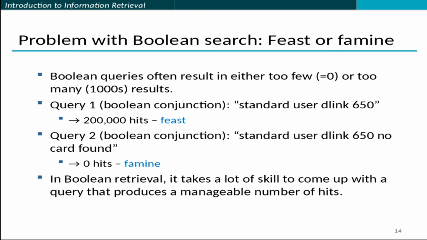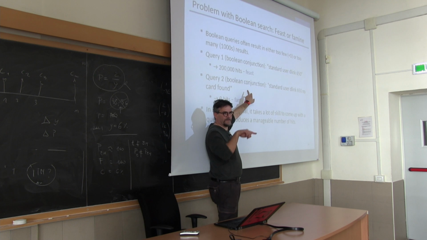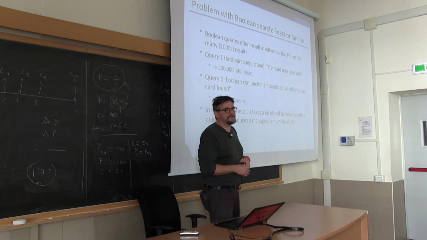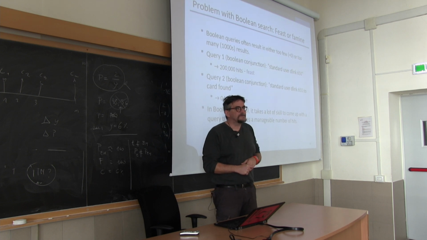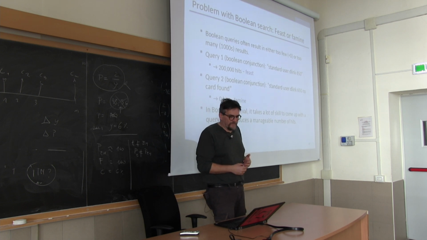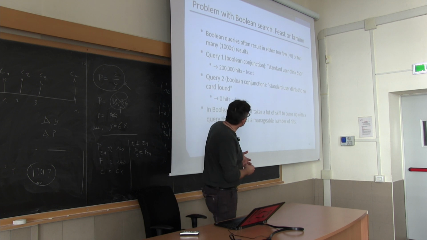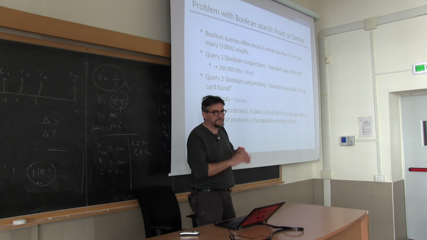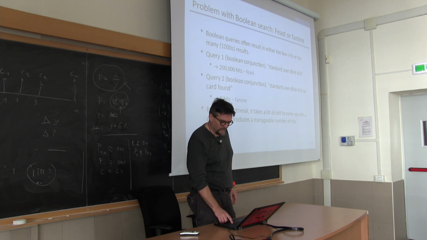As soon as you add card and found to the query, notice that we are talking about a Boolean conjunction, so you have AND among the terms, immediately you get 0 hits. Okay, so this is clearly a problem if you do not have the proper skill to define the proper query.